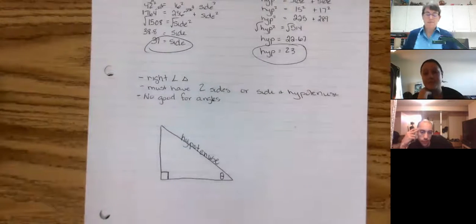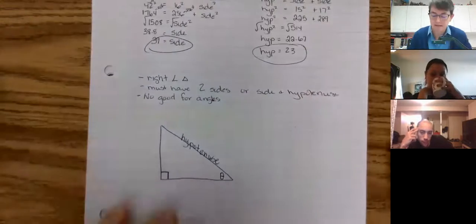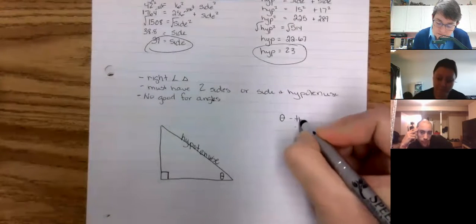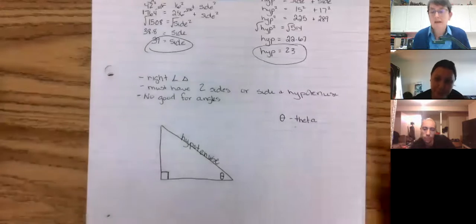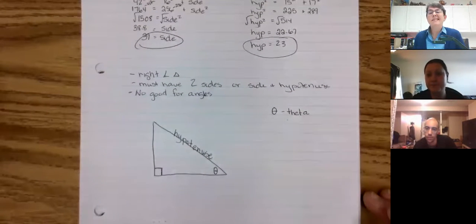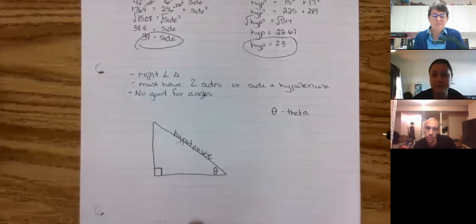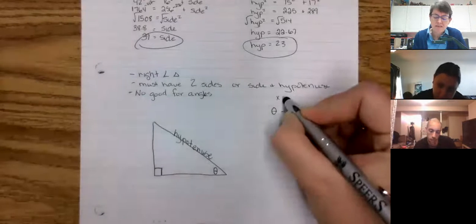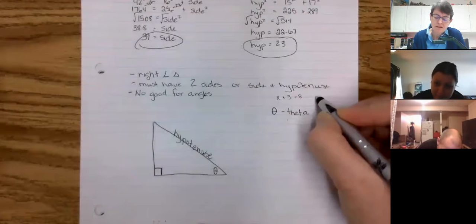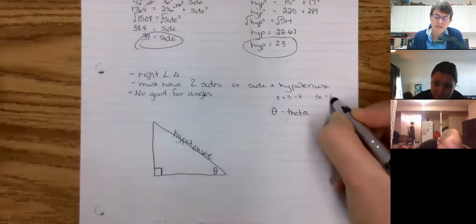Okay, anyway, so yeah, it looks like that, and it is pronounced theta. And you know, when we do regular algebra, it's always like x plus 3 equals something, or 5x equals 16.